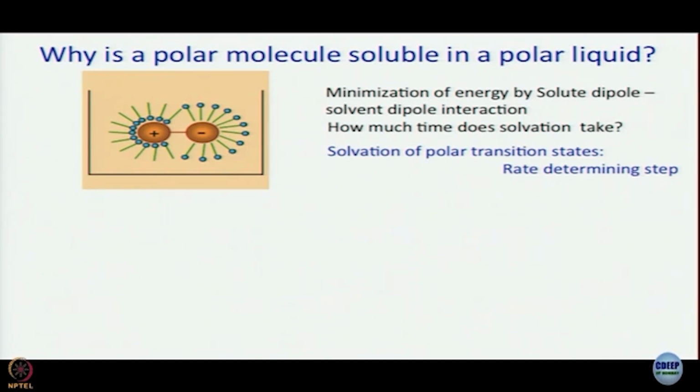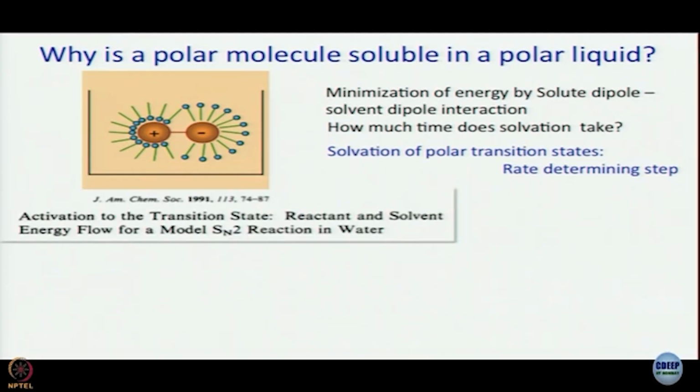There is a lot of literature, this one for example published in 1991, where it says that activation of the transition state has been studied for reactant and solvent energy flow for a model SN2 reaction in water. This reaction is chloride reacting with CH3Cl forming ClCH3 plus chloride. It might look trivial, actually it is not.